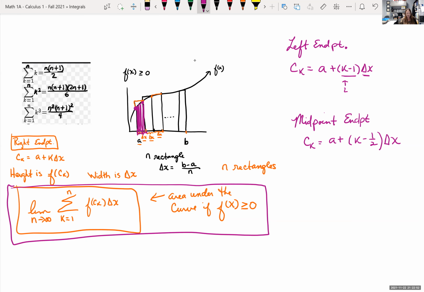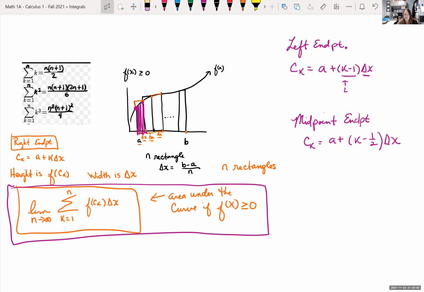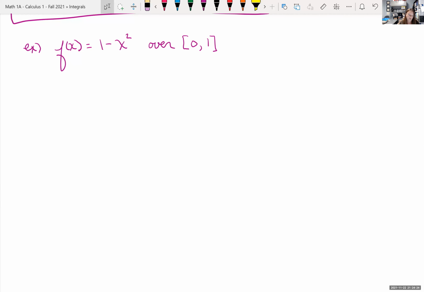So now knowing that, let's put this all together and start trying to find some areas under the curve using this rule. In the example in front of us, we're given the function f of x equals 1 minus x squared, and we want to find the area over the interval between 0 and 1, looking at the limit as n goes to infinity of that summation.